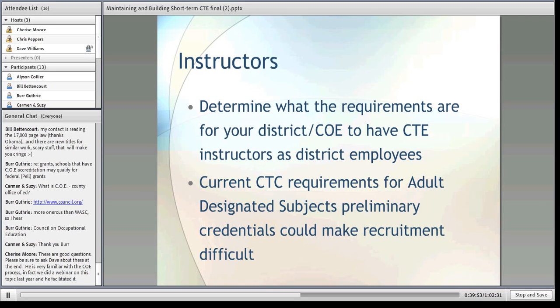The current CTE adult ed designated subjects not what they were 2 years ago. District and how you're going to do that if you're going to haven't looked at them.